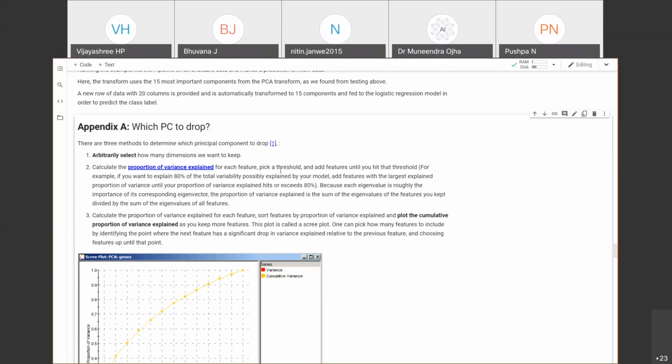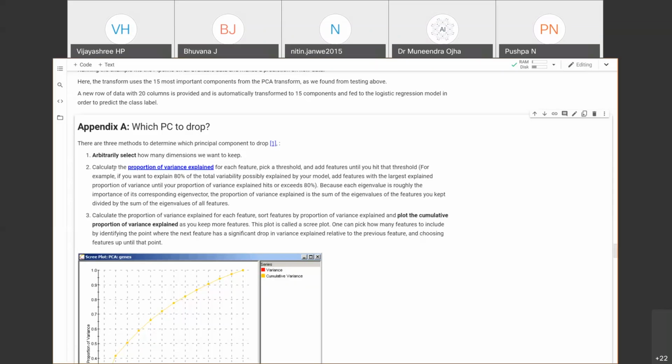If our threshold is 80%, we add one more principal component. Let's say another one adds a few more, so that we have 75% variance explained. Then add a few more, up to the limit that we have at least 80% of variance explained. As soon as we get 80% variance explained, we can ignore the remaining principal components. That is a rule of thumb.